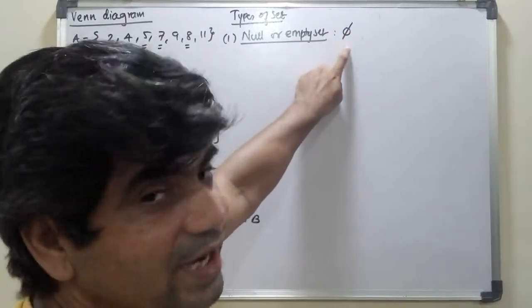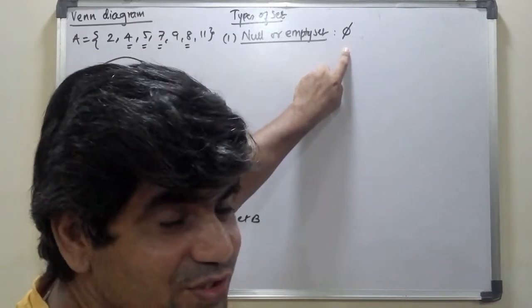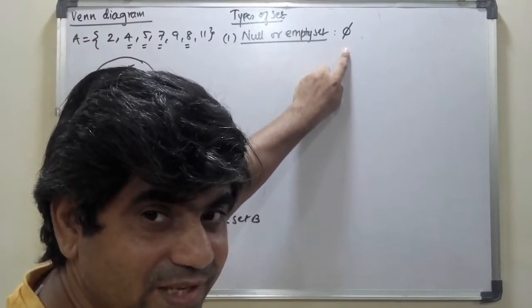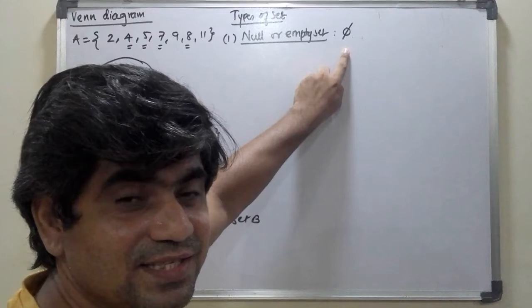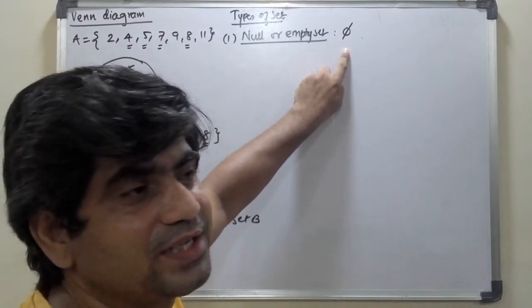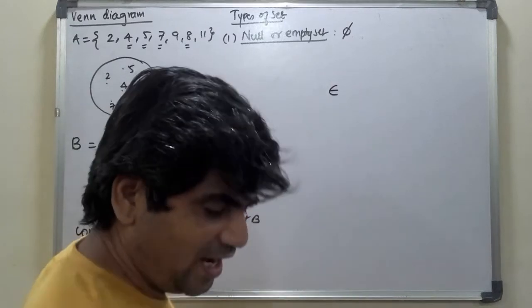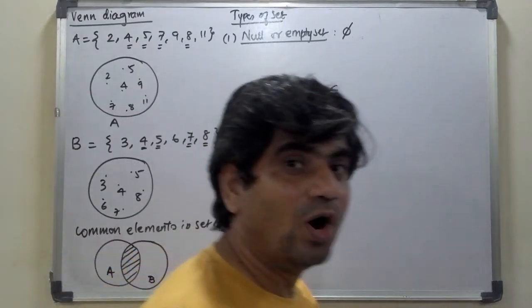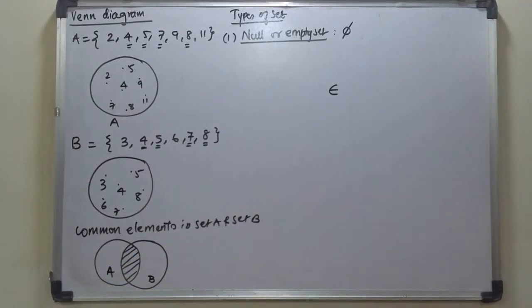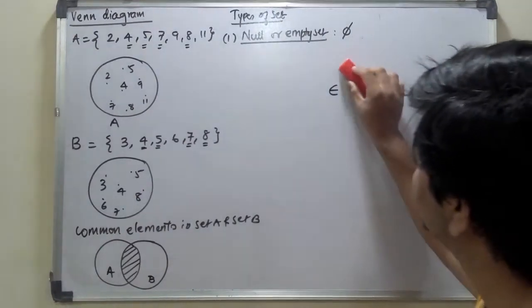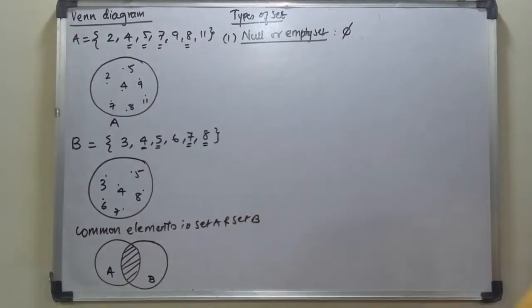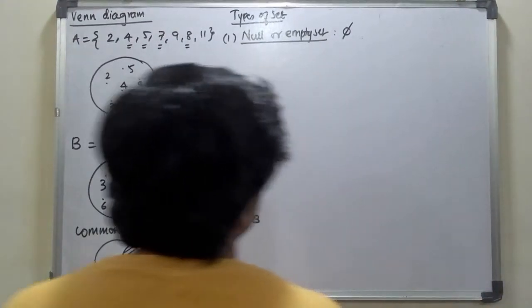This symbol reads something. I asked you one question in the listing method when I taught. I showed you one symbol and asked you to find out what it is called. So this is called phi, and this other symbol you are not told yet.